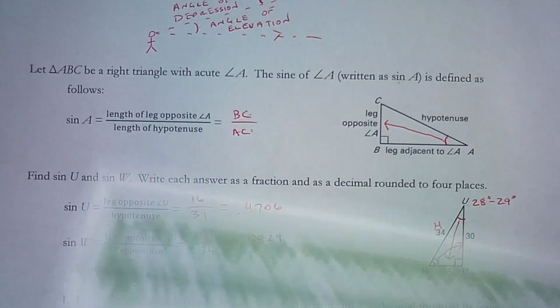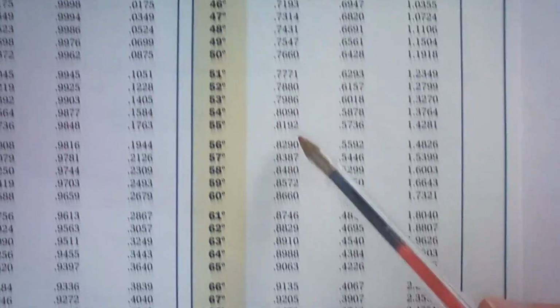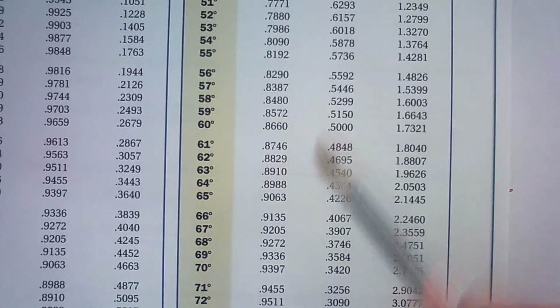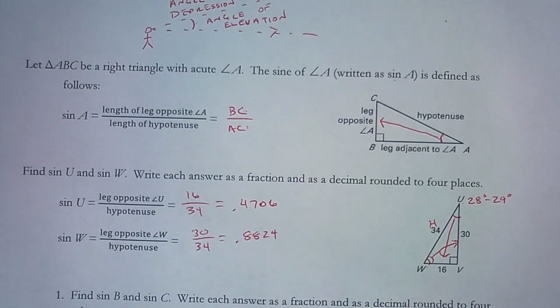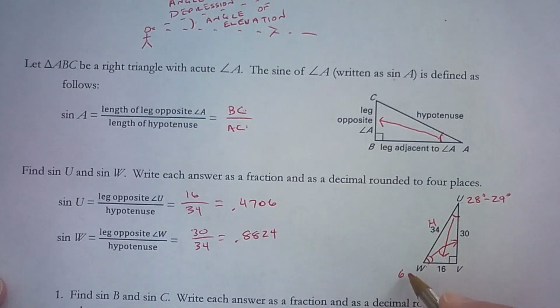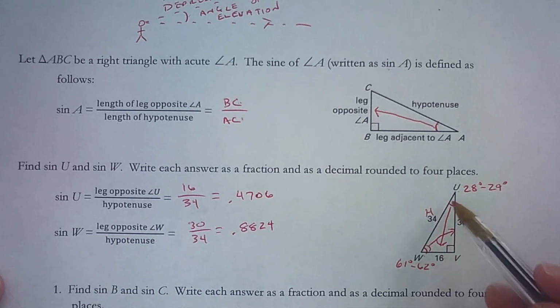For sine of W, we have 0.8824, and under sine, 0.8824 is between 61 and 62 degrees. So somewhere between 61 degrees and 62 degrees is the measure of angle W. Now notice we have a right angle here, which leaves 90 degrees for these two angles to share.